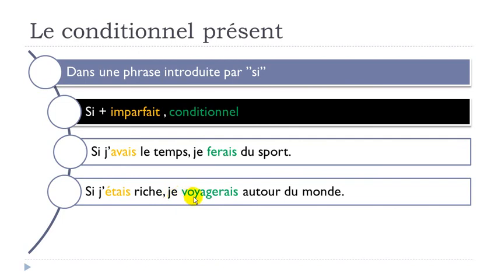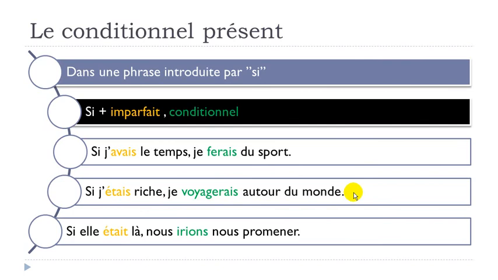Je voyagerais, voyager is to travel, autour du monde, around the world. And then the last one. Si elle était là, so être, to be, là, here, nous irions, so remember it was to go, aller, and it becomes ir, irions, nous promener. Okay, so se promener, to have a walk.